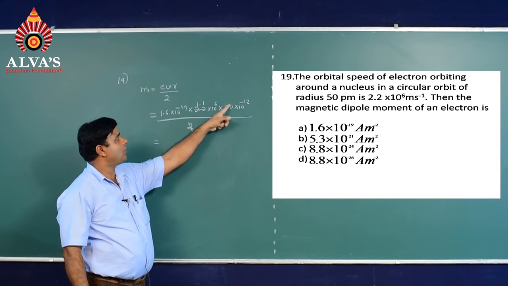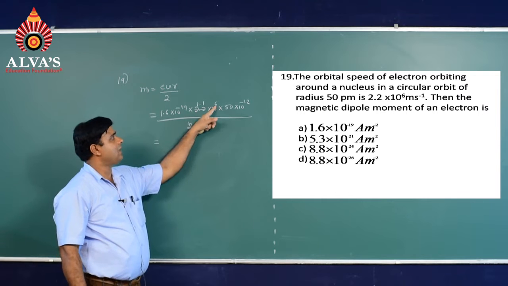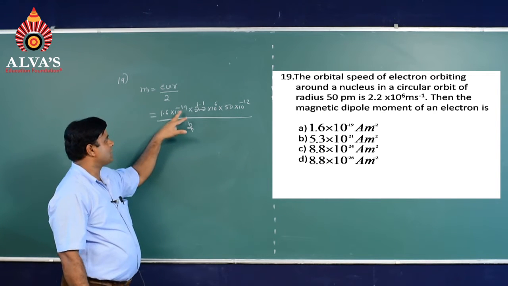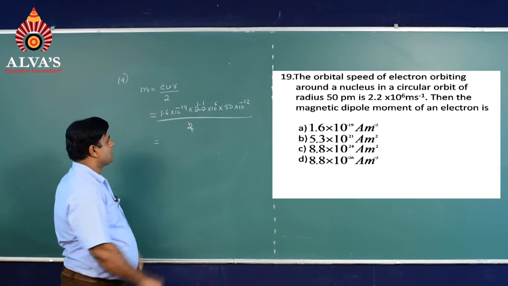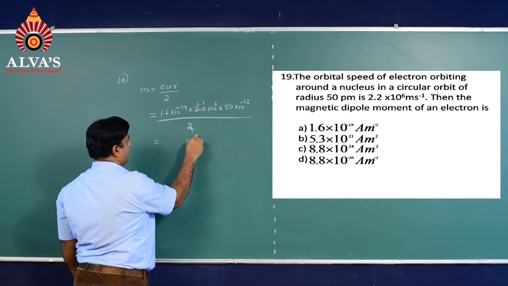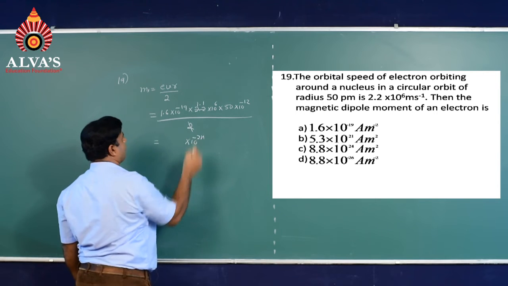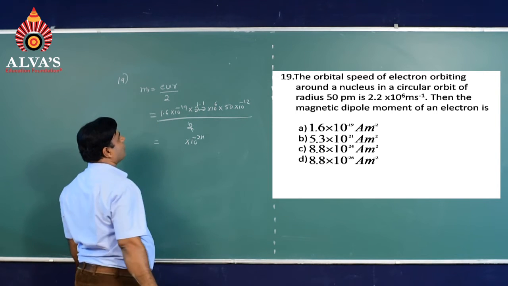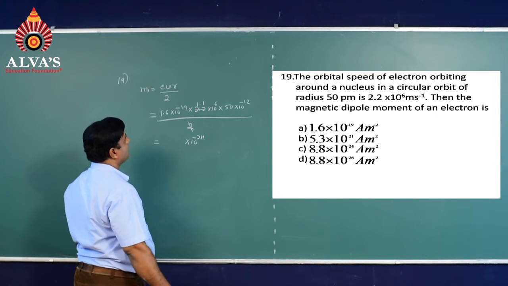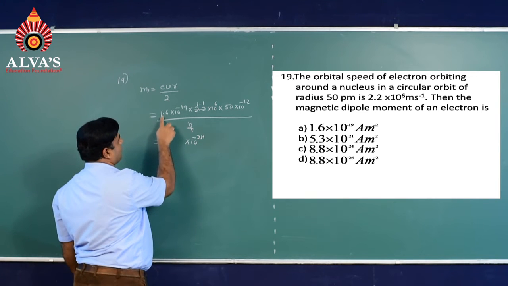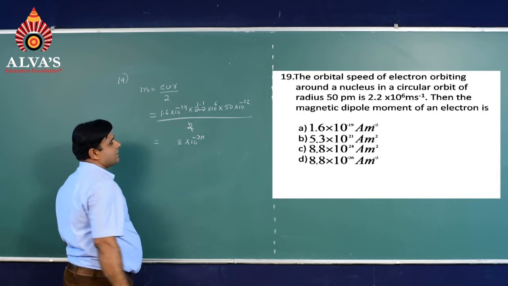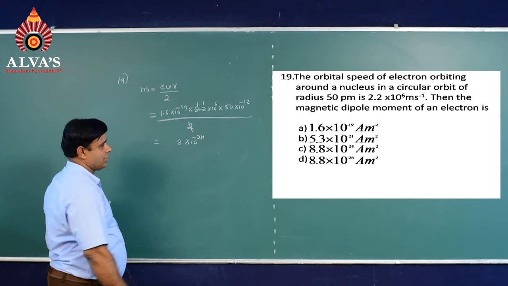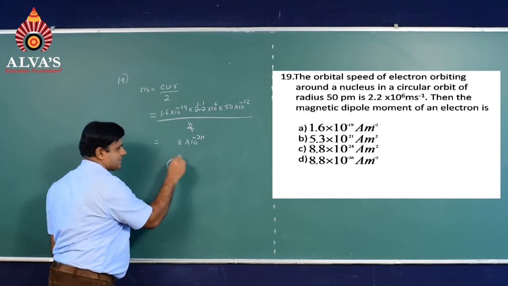So, 10 power 1, 10 power 6, 10 power 7, 7 minus 12 minus 5, minus 5 minus 19 is minus 24, 10 to the power minus 24. 1.6 into 5, 1.6 into 10 is 16, 1.6 into 5 should be 8. So, 8 something in 10 to the power minus 24. So, the answer is C.